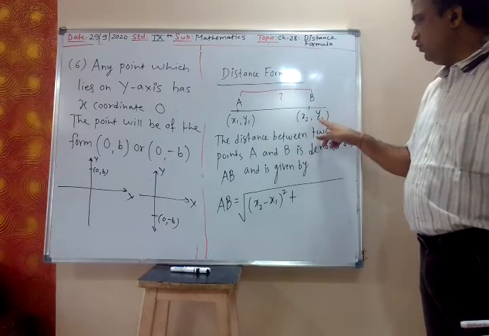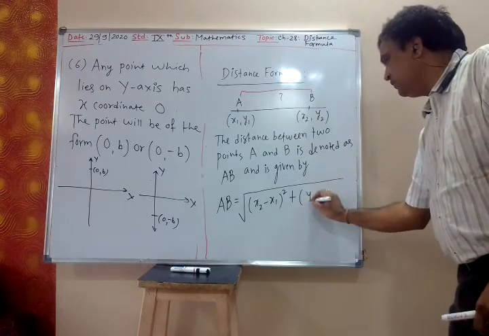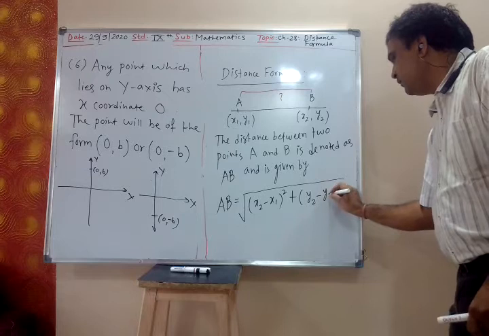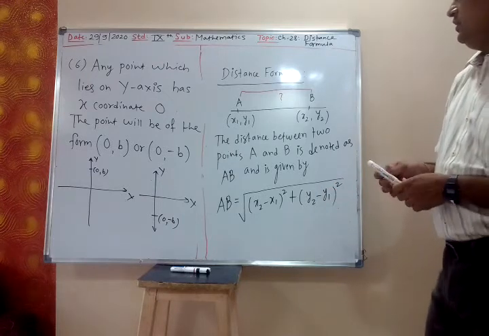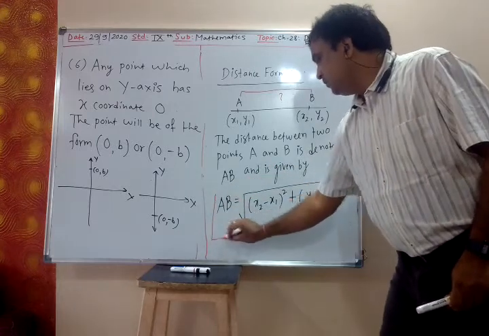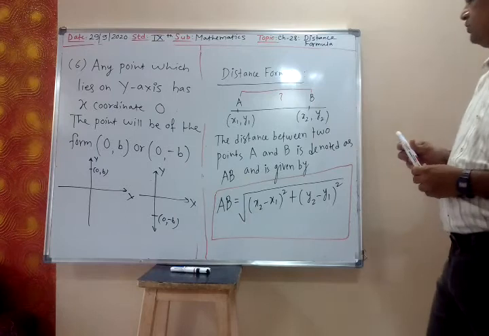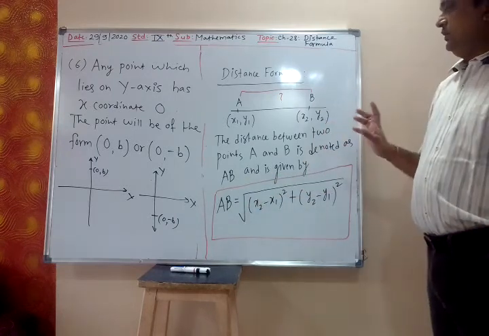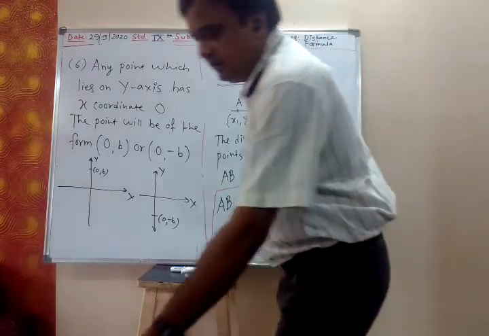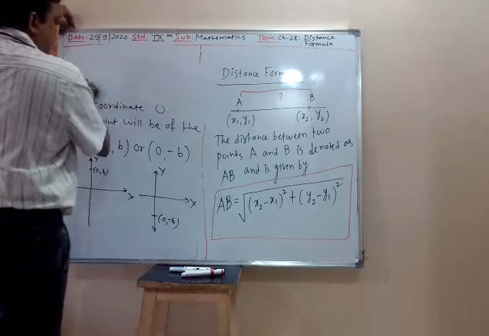So I will take y2 minus y1 whole square. So the distance between A and B is x2 minus x1 whole square plus y2 minus y1 whole square, and take the square root of that. So in this way we calculate the distance between 2 points A and B.